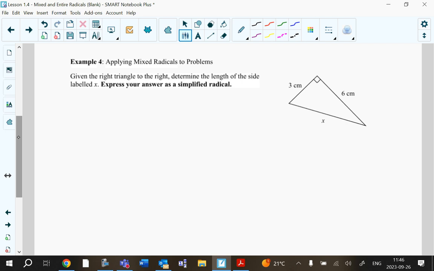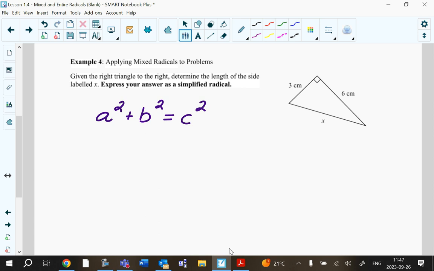All right, Brea. Is it a squared plus b squared equals c squared? Yes. So to find the missing side, a squared plus b squared equals c squared. A and b represent what?